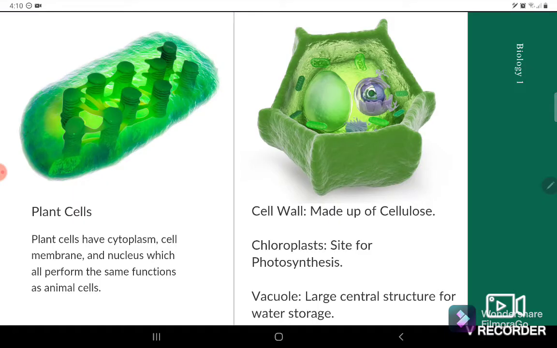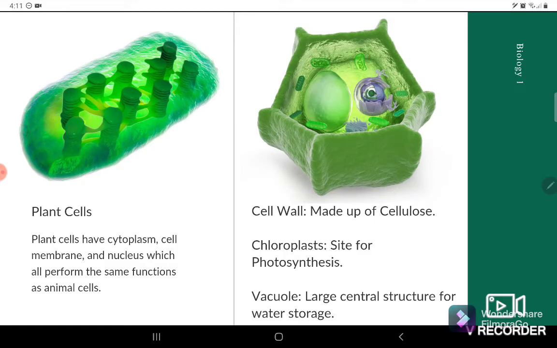Next, we also have here the vacuole. Though animal cells do have vacuoles, compared to plant cells, animal cells have smaller vacuoles, while plant cells have a large central vacuole that is used for water storage.